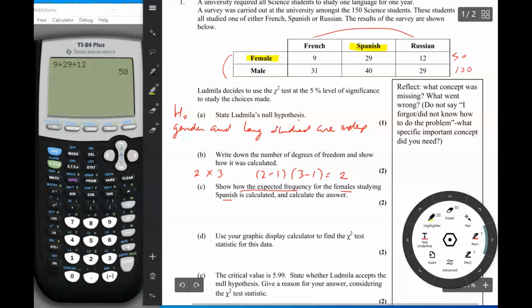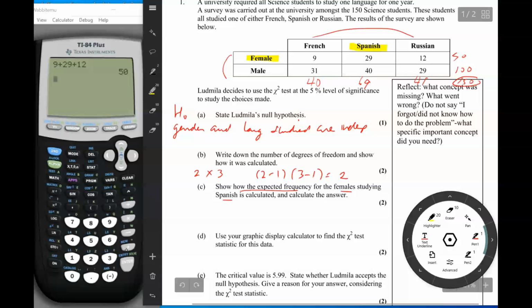And then French, it would be 31 plus 9, which would be 40. Spanish would be 40 plus 29, which would be 69. And then Russian would be 29 plus 12, which would be 41. Okay, and so the grand total, if I add the rows or the columns, I would get 150.